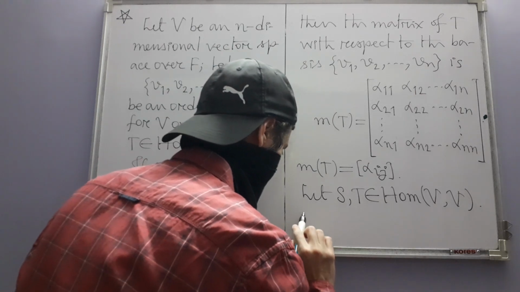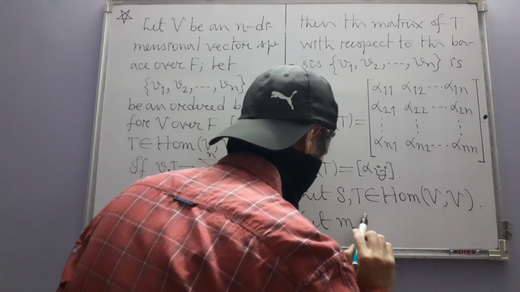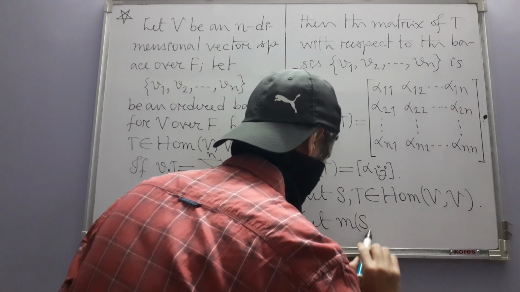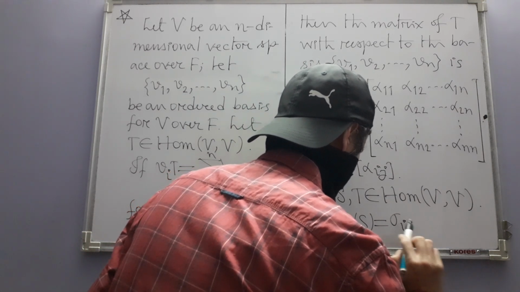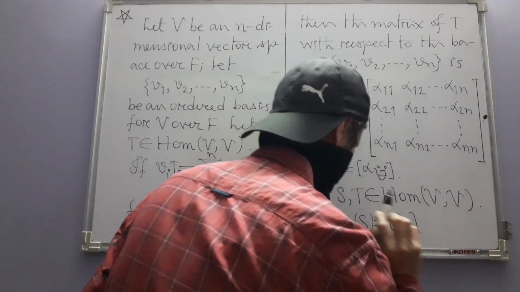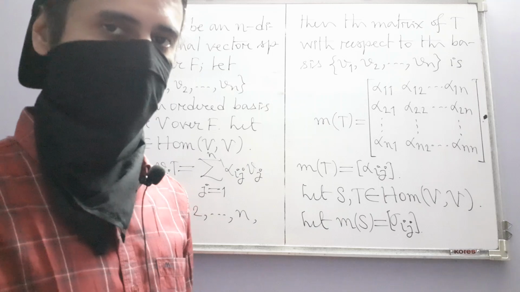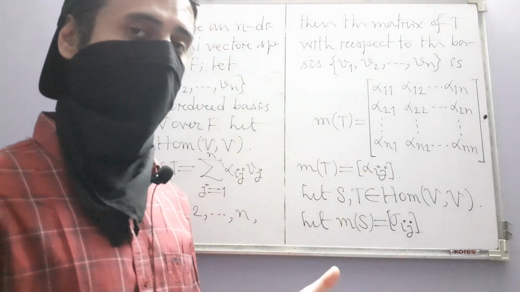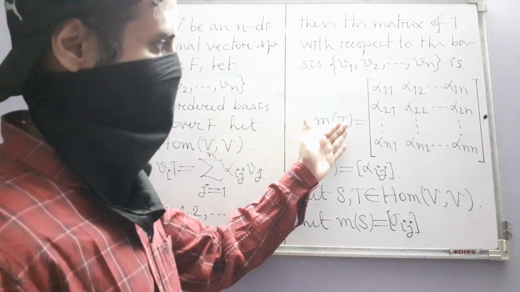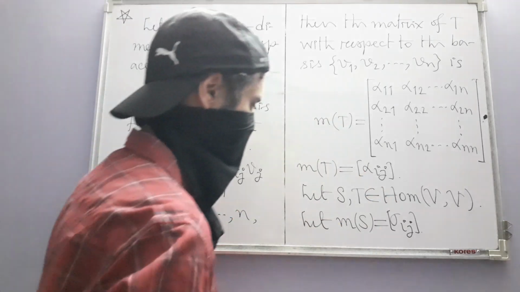Okay. Also, let the matrix of S be sigma ij. Actually, the author has used round brackets to enclose the entries of any matrix. But because I have used square brackets, here also I am using square brackets.